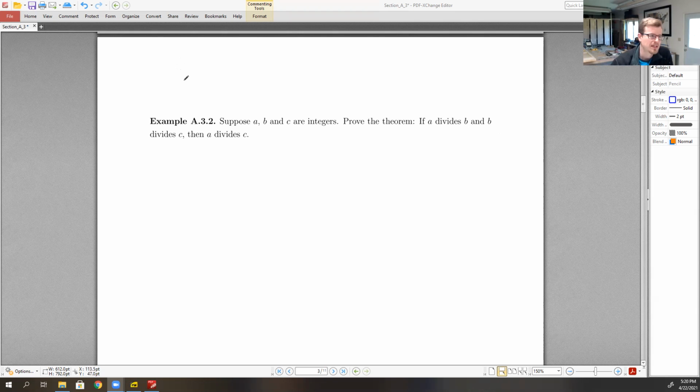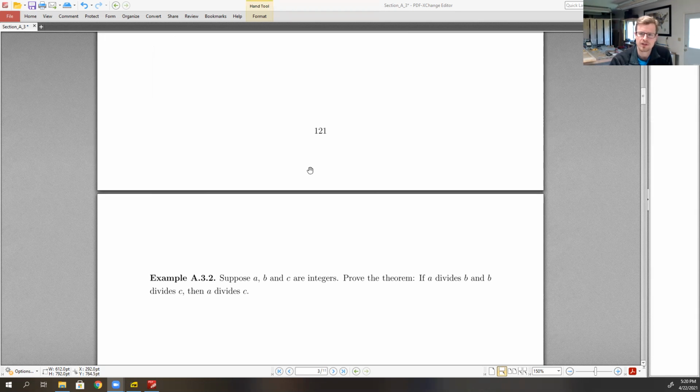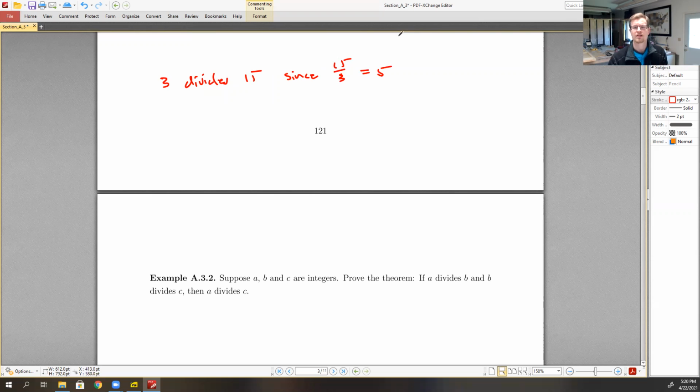If you're not sure what it means to divide, we have a formal definition along with a notation, but we also have just a general idea. So if I use the bottom of the previous page and maybe write this in red because it's just a side note, we might notice that 3 divides 15, right? Because you might think to yourself, I can take 15, divide it by 3, and I get 5.